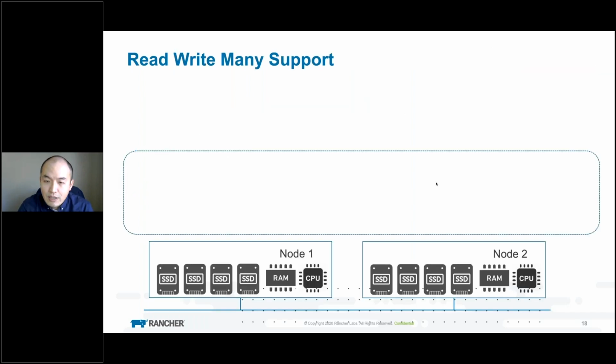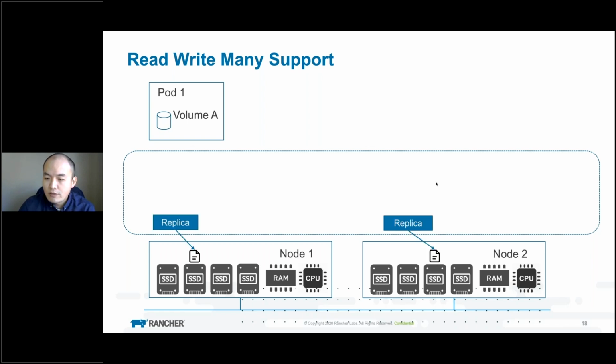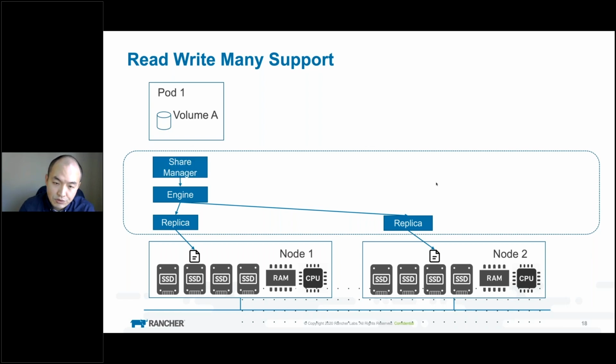So one special thing I want to talk about is how we implement the ReadWriteMany support. As you can see here, we have two nodes, and one pod is asking for volume A, and this volume A is not a ReadWriteOnce volume, not a plain block device, it's asking for ReadWriteMany. So what Longhorn will do is still have the replica and the engine connect to it and expose a block device, but this time we are going to create another entity called the share manager for this volume.